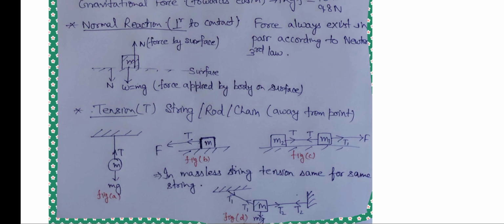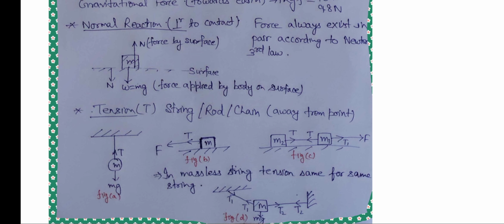Now the next figure D, there is a body of mass M. It is fixed with a string on the two sides. Now on the first side there is tension T1, away from the body of mass M, and another tension T1 is away from the fixed point.